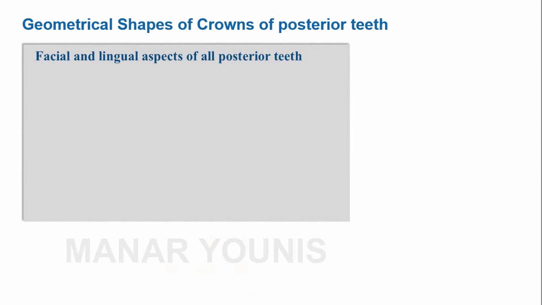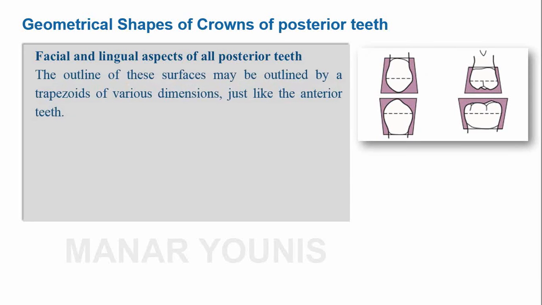Now regarding the geometrical shape of the crown of posterior teeth, from facial and lingual aspects, all posterior teeth, just like the anterior teeth, can be outlined by a trapezoid of various dimensions. In that, the shorter of the two parallel sides is at the cervix, and the longer of the two parallel sides is at the occlusal aspect, just like the anterior teeth.